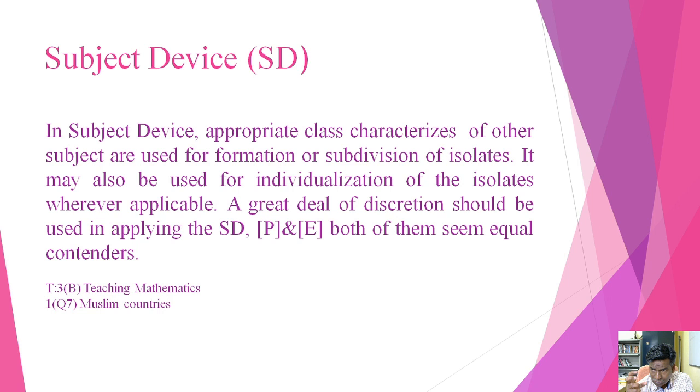To narrow a document for a Muslim country, see, for example, Muslims are across the globe. So how will you say that Muslims stay in the Gulf or within a particular region? It is very difficult. So to narrow those kinds of things, we come across these kinds of devices which make the document unique.